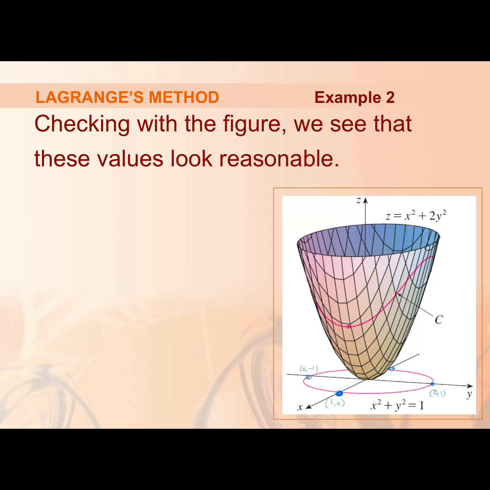For these points, 1, 0 is sent to the min, and this is sent to the max, right? So of all these points on the circle, where are they mapped? They're all mapped in between 1 and 2, right? The largest value is going to be 2. The smallest value is 1.